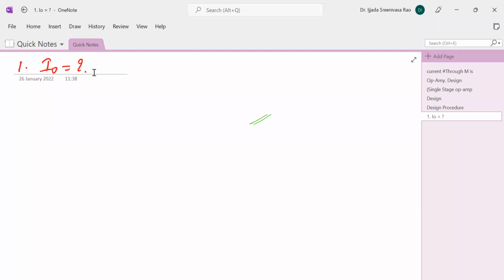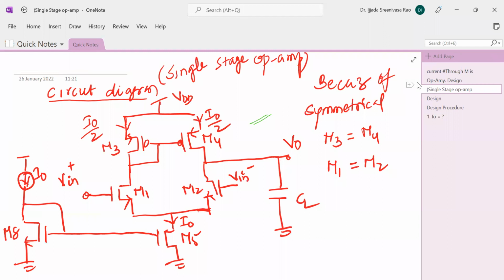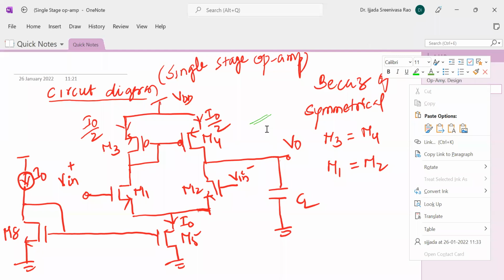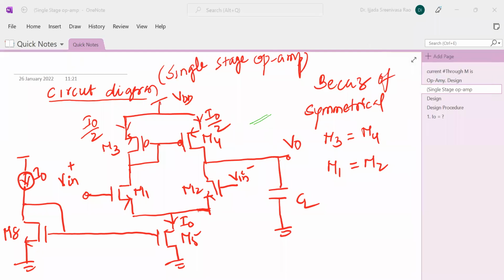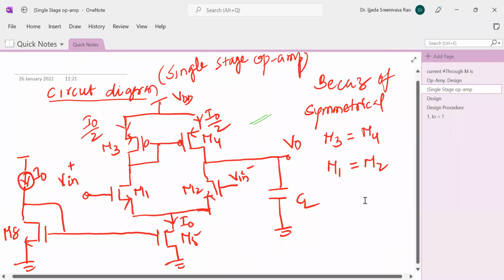So if you take this circuit, in this circuit, this is the load capacitor. The CL will be charging in this direction, charging through the M4 transistor and discharging through the M2 transistor.